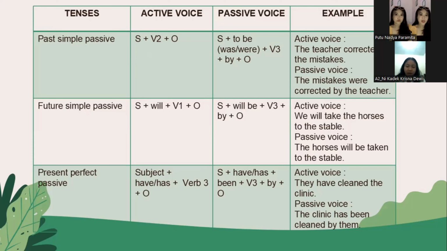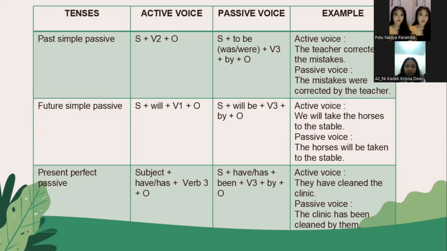The pattern for passive voice is subject plus was or were plus verb 3 plus by plus object. The example for active voice is: the teacher corrected the mistakes. And for the passive voice: the mistakes were corrected by the teacher.